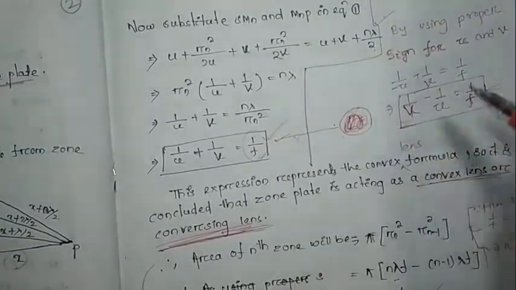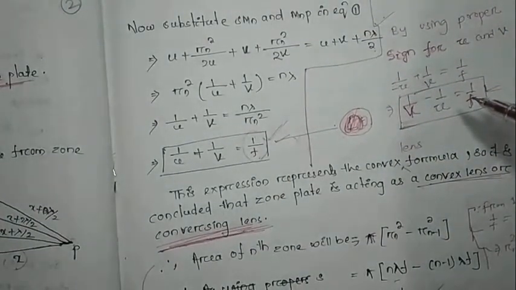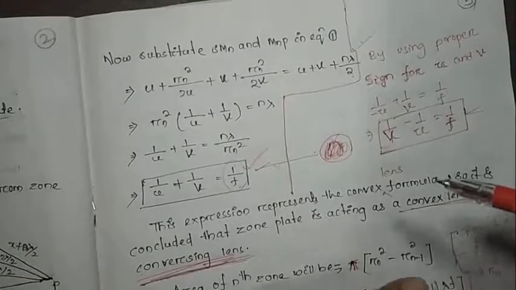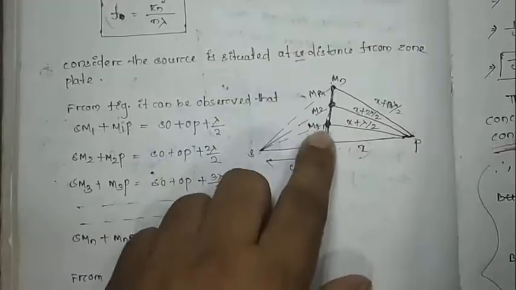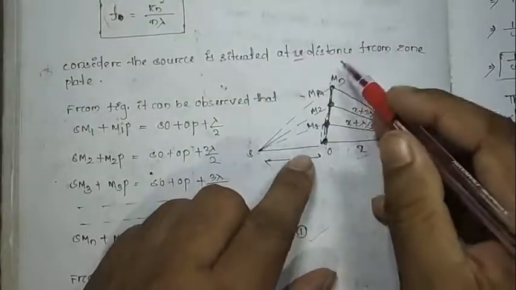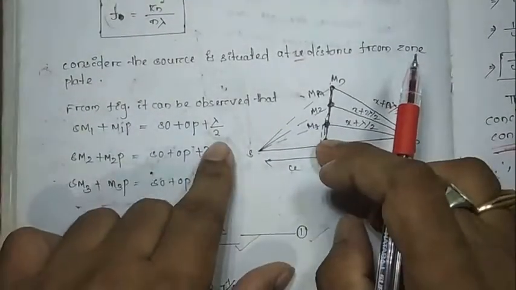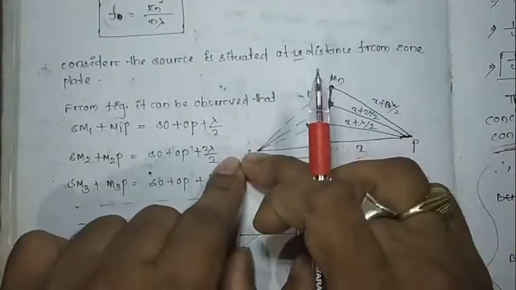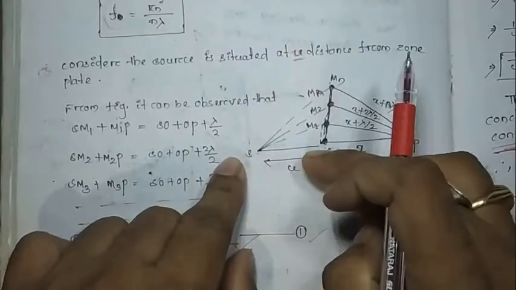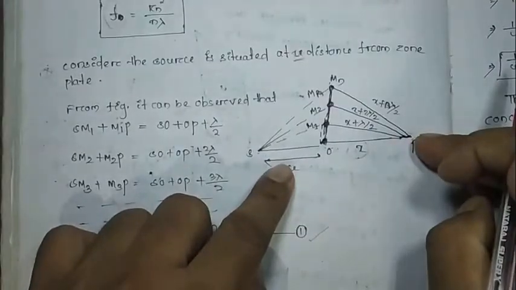It looks like the convex lens formula, but here we have to consider proper sign. If the origin is where the lens is placed at the middle, and we measure on this side, then according to sign convention we have to consider it negative, and this side is positive.